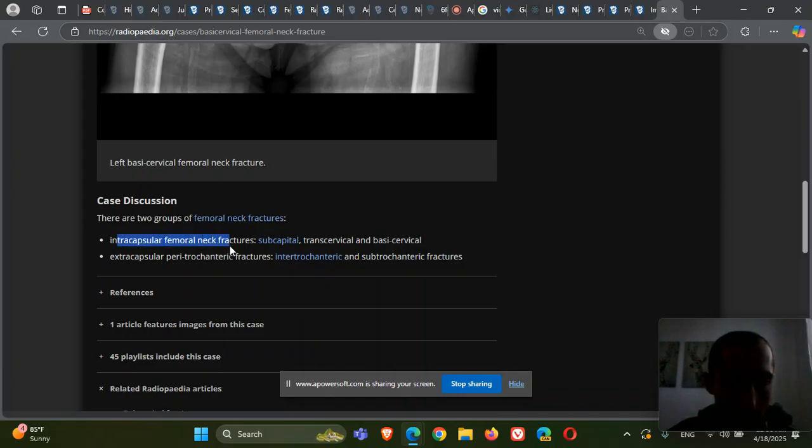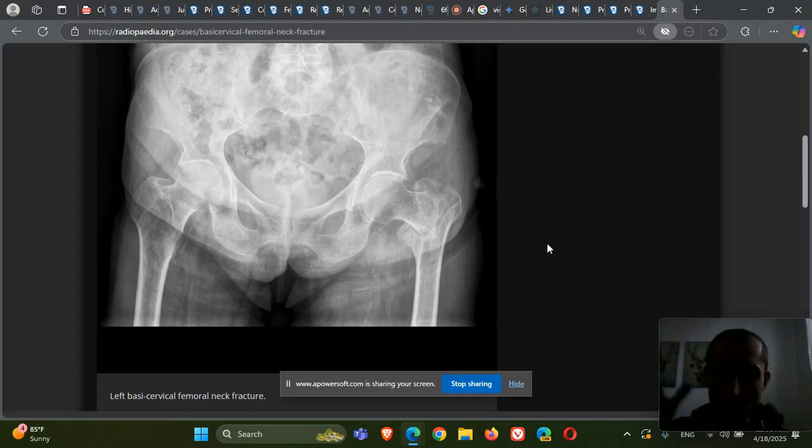It is considered intracapsular, the basicervical. Okay, there is a little bit of debate about the basicervical. You can see here the basicervical fracture. It will go to get ORIF or dynamic hip screw.